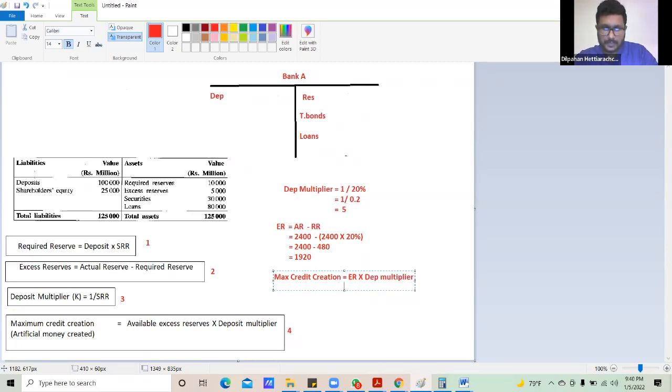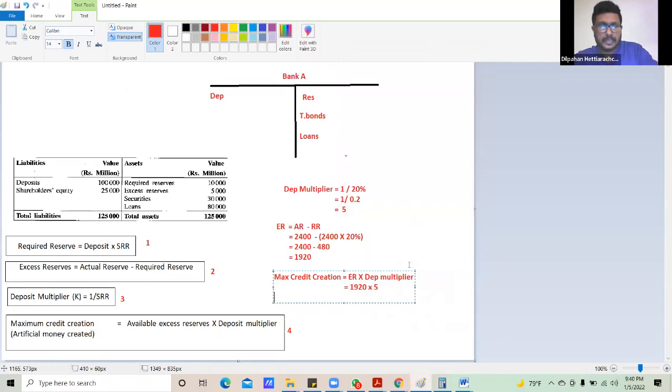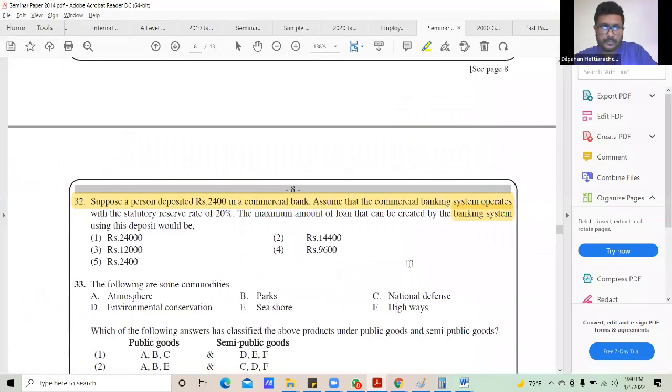Excess reserve, how much? We calculated it, 1920 into deposit multiplier 5. 1920 into 5, answer is 9,600. Do we have an answer like that? Yes. Answer number 4 is the correct answer.